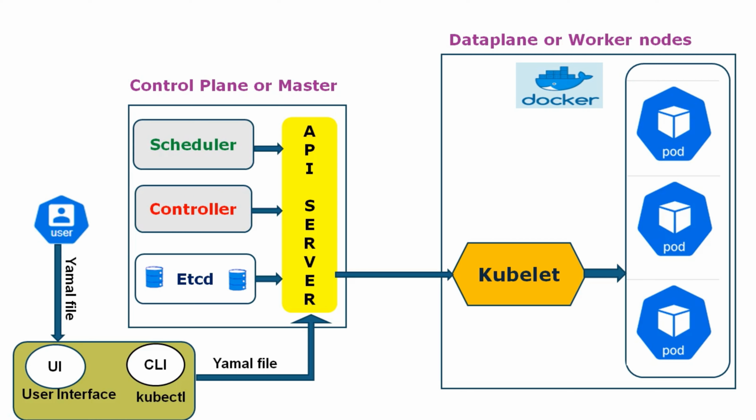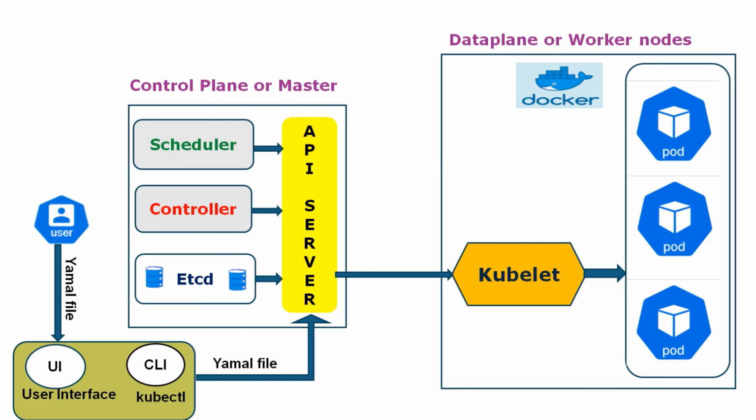If there is any difference, it will immediately create the workload and send it to the scheduler, the scheduler will send it to the kubelet, and the kubelet will create it. For example, if one server has crashed, and that server had two containers, in that case the controller will easily know the desired state is 5 and the actual state is 2.